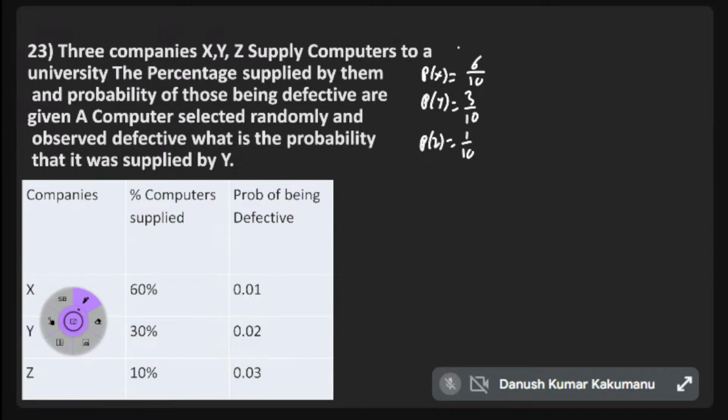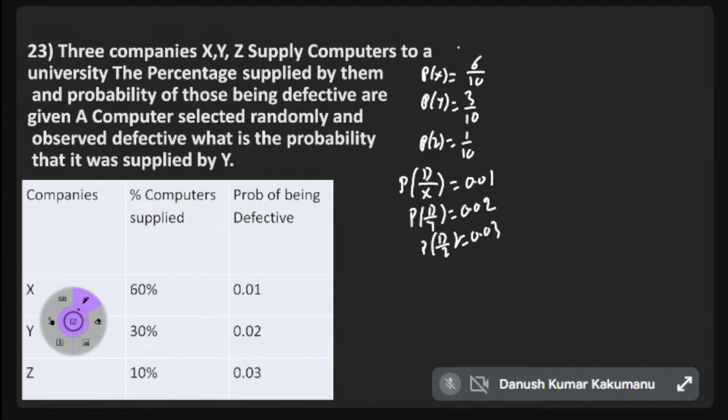One more column is there: probability of being defective. If X production is given, defective in X production is 0.01. Defective in Y production, defective in Z production. Understood?